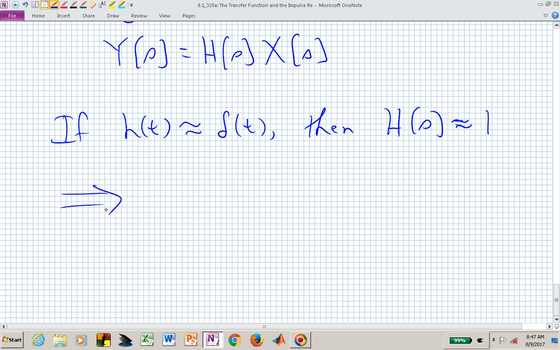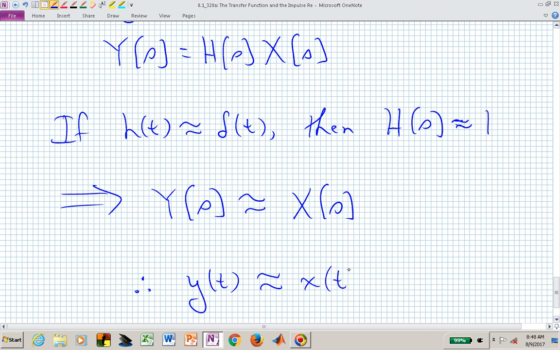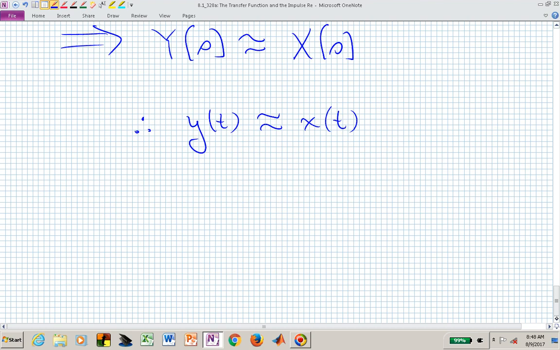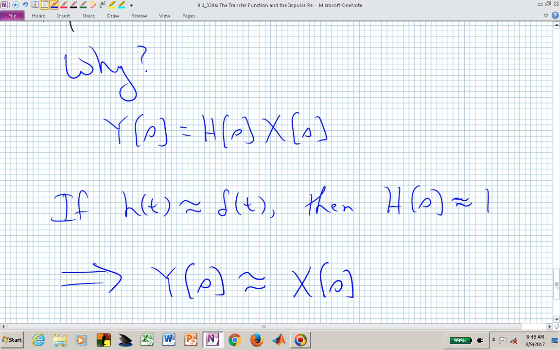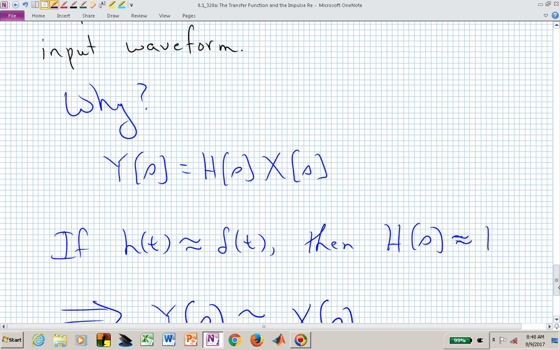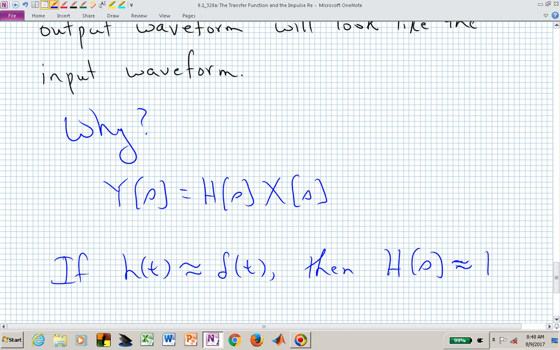And if H of s looks almost like 1, then Y of s is approximately 1 times X of s, or y of t in the time domain is approximately x of t if this h of t, the impulse response, looks like or is close to the impulse function.